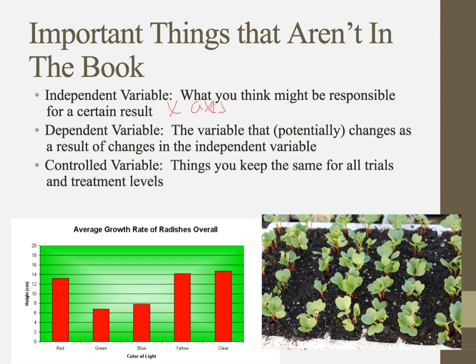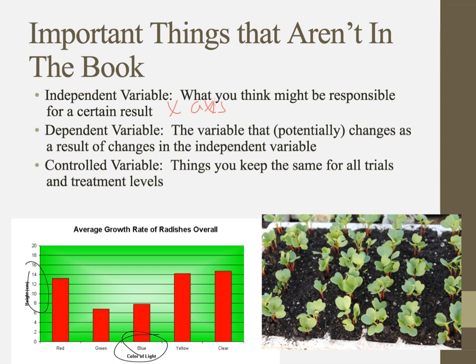That's really important. The dependent variable is the variable that is potentially changing as a result of changes in the independent variable. So in this case, that would be the height or average growth rate here. So we think this changes in response to this, okay?